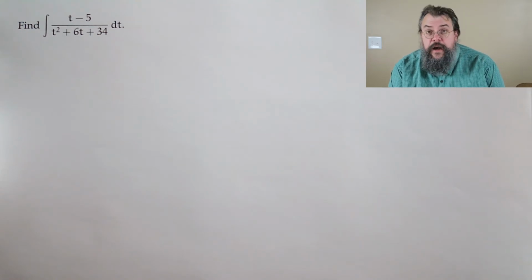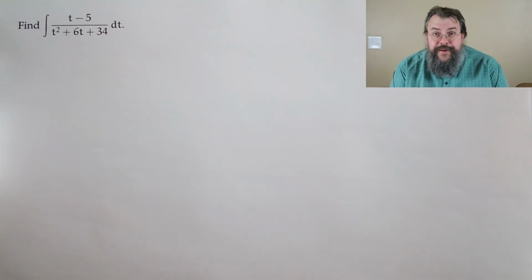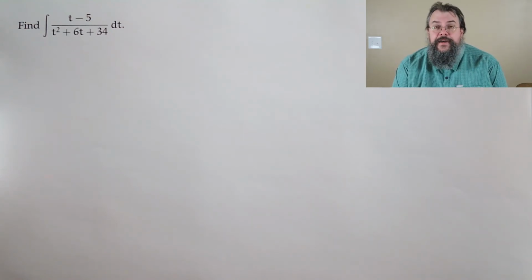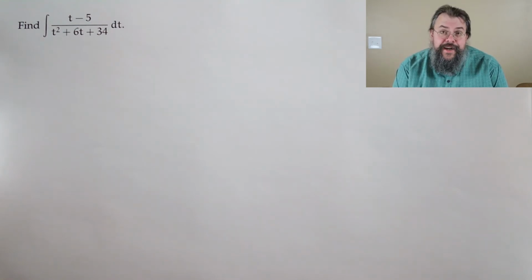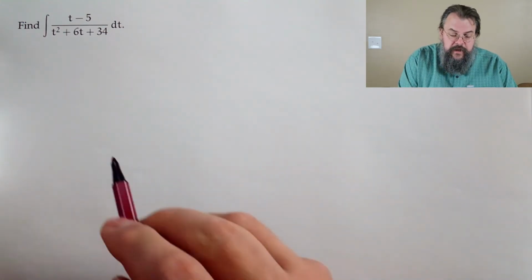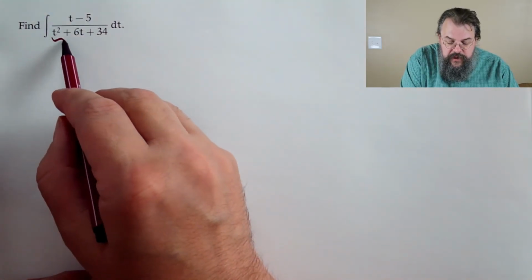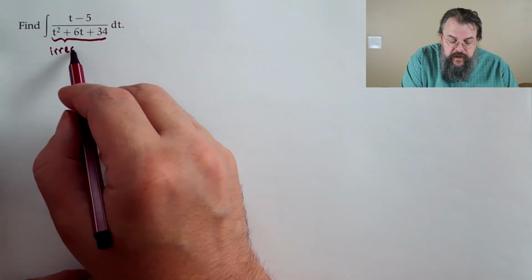Now, if you look at your denominator, t squared plus 6t plus 34, does it factor? You'd have to have two numbers that would multiply together to give 34, but add together to give 6. Forget it. Hopeless. It doesn't factor at all. So this actually has a name. When you see a polynomial that doesn't factor, especially a quadratic, this is called an irreducible quadratic.